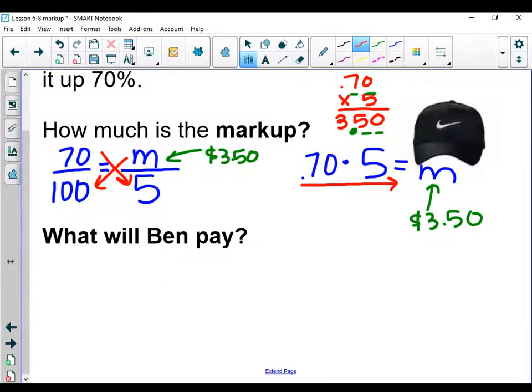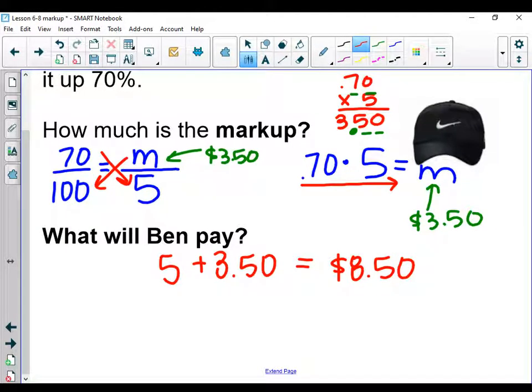Now, Ben is not paying $5. Nike paid $5. Ben is not paying $3.50. That's the markup. Ben is paying a new price of $8.50 for that hat.